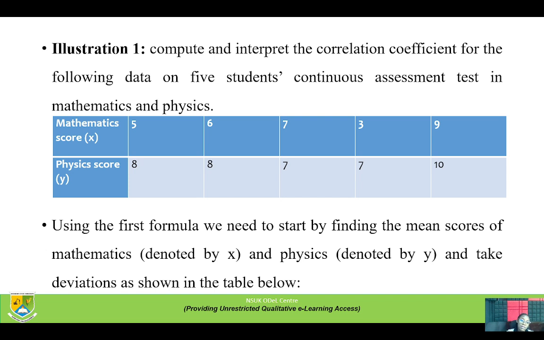Let's say our mathematics is X and our physics is Y. So going by this course already given, we use the formula as we stated above to solve this particular problem.